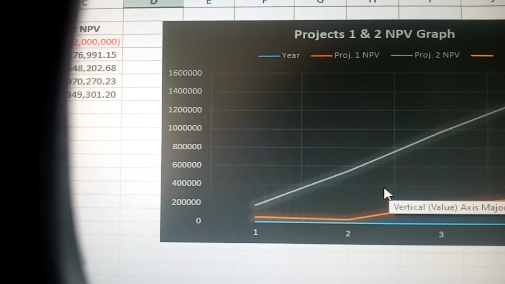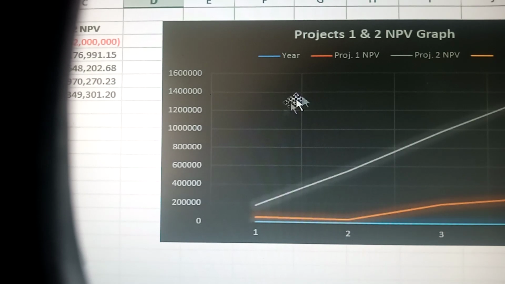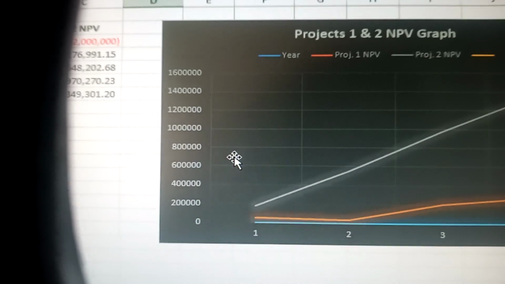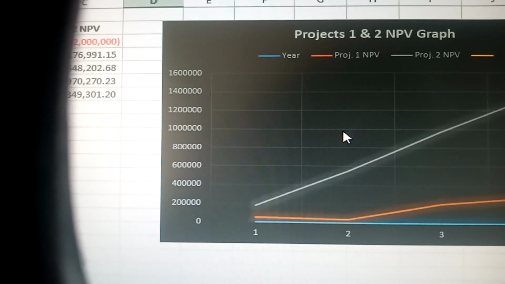Ladies and gentlemen, at this time, like I said, I don't have enough time to do more of this course. Next week, in our next class, I will use an example and walk you through how to use the Excel version of the cost-benefit analysis tool to solve a problem.